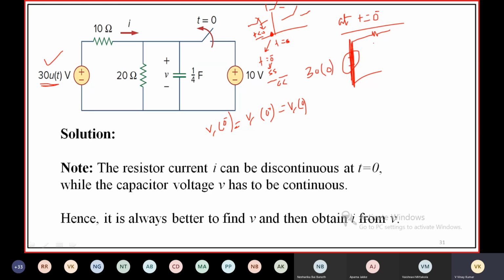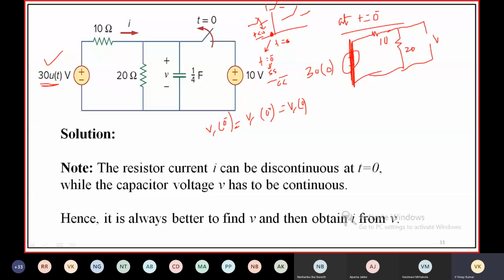It is 0 at 0 minus also. With the 10 ohm, the capacitor acts as an open circuit.